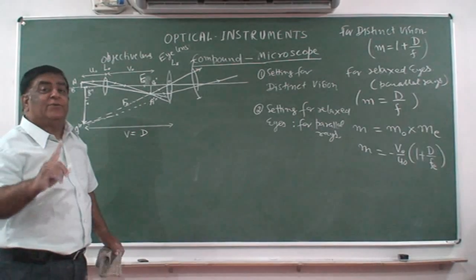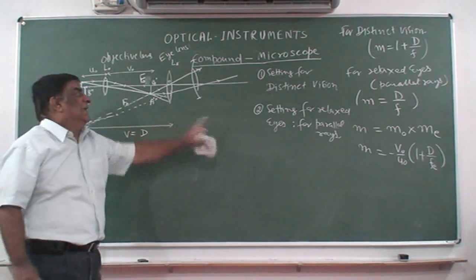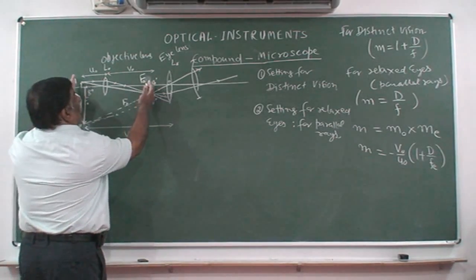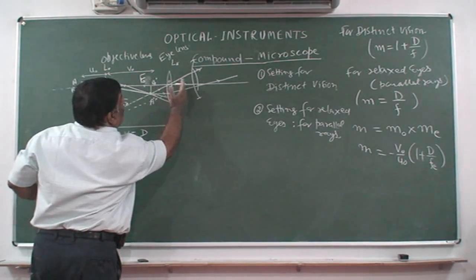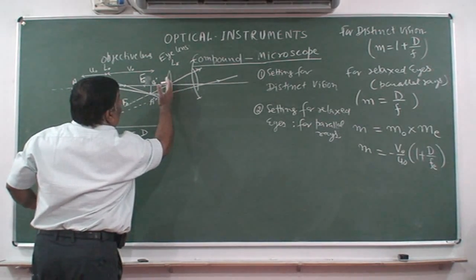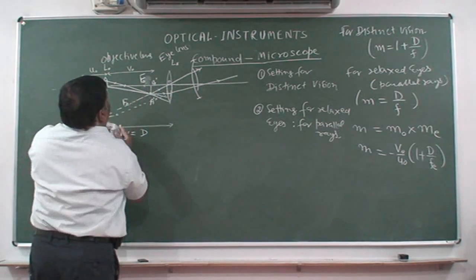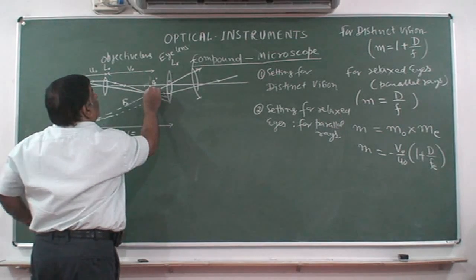Now you should be able to draw the diagram for parallel rays for this setting. How you will make it? You will make the first part like this. But in the second part, this lens, we slide a little bit on this side. When we slide it on this side, FO will come on B dash. So this we will write here.